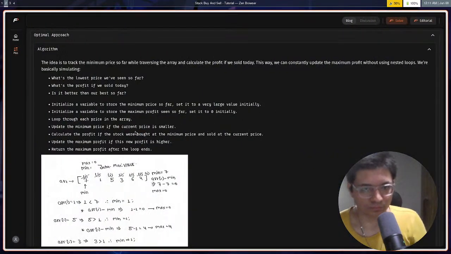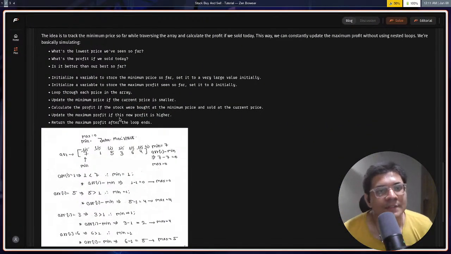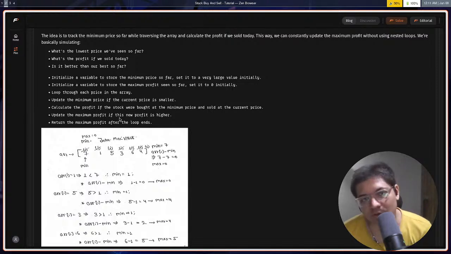So what it's saying is, what's the lowest price we have seen so far. So okay, initialize a variable to store the minimum price so far. Set it to a very large value initially. Initialize a variable to store the maximum profit seen so far.